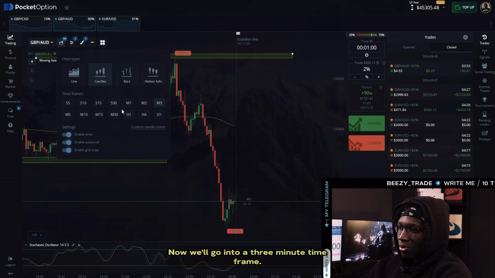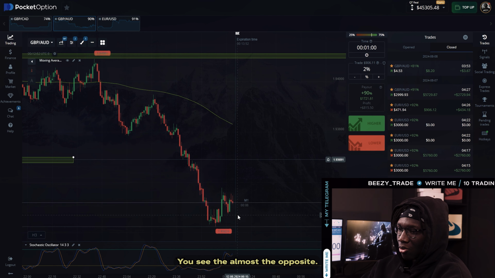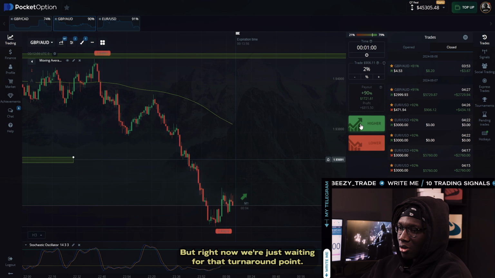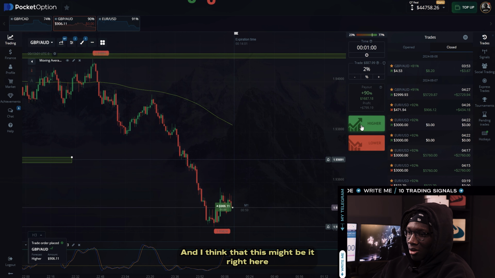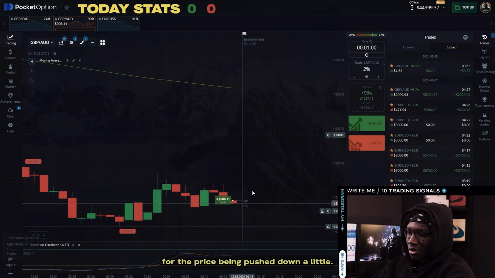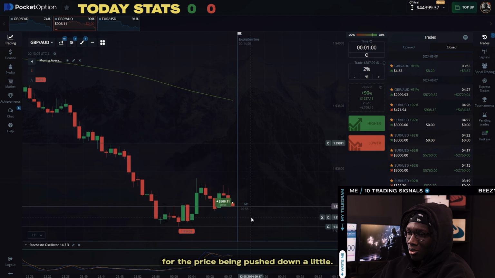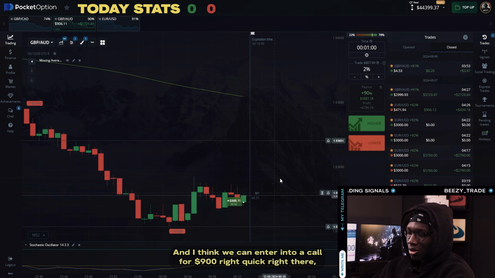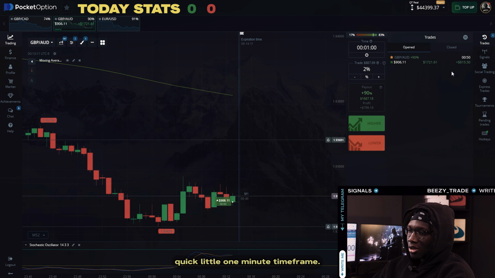Now if we go to a 3-minute time frame, you can see they're almost the opposite, but right now we're just waiting for that turnaround point, and I think this might be it right here. See that price being pushed down a little, and I think we can enter into a call for $900 right quick right there. Quick little 1-minute time frame.